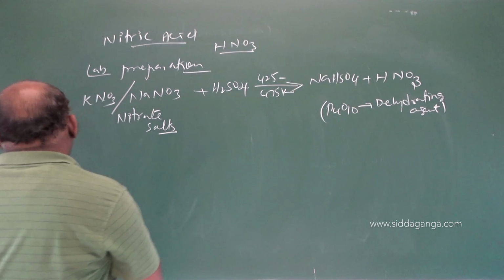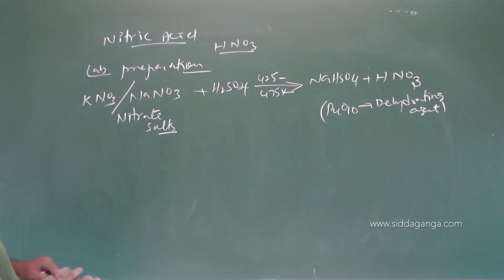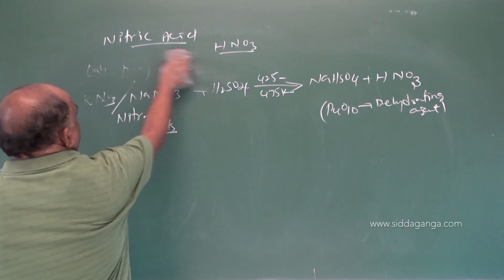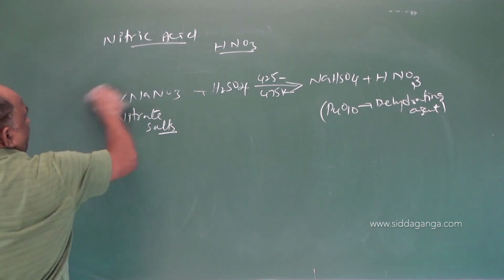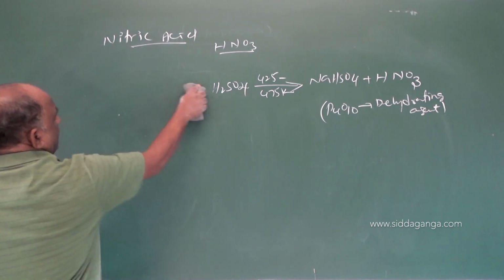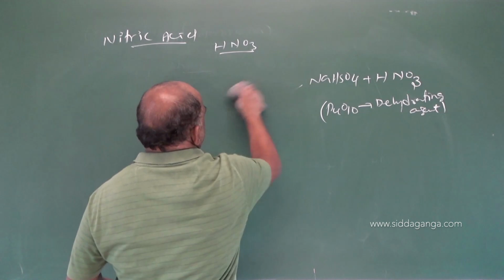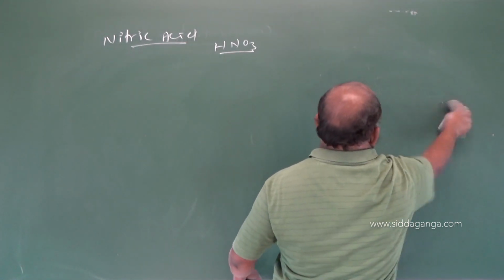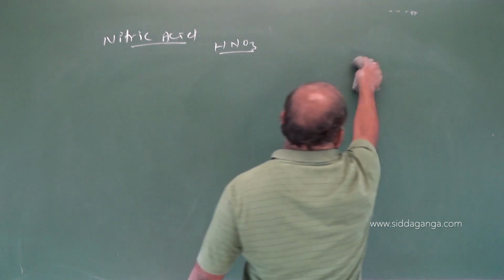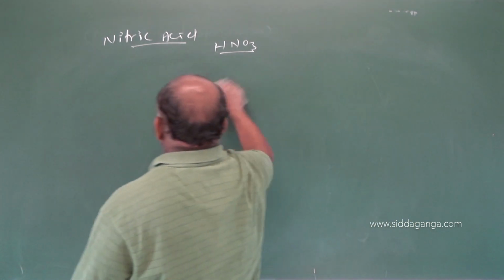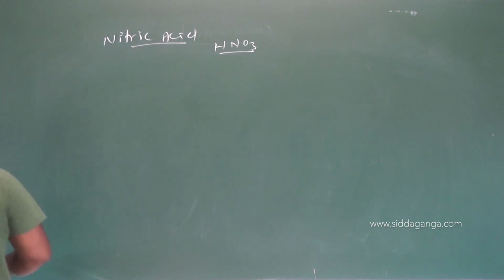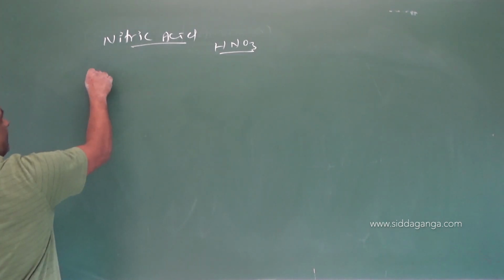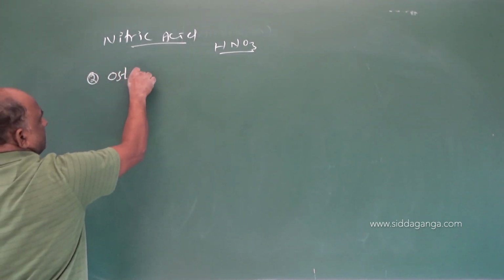This second reaction is very important, and for the board examination we expect one 3-mark question from the 15th group: the preparation of nitric acid, that is the Ostwald process.